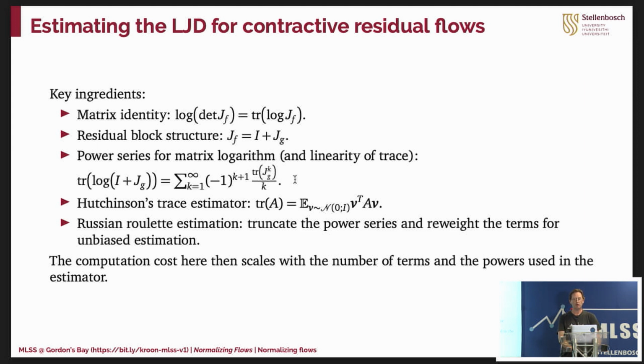And then what we also do is we share these computations by reusing these sample values for different terms in the sum. Okay, so that introduces some bias, and so by using the finite sum and this reuse, we get this bias, and then there's this adjustment called Russian roulette estimation, which allows us to reweight these terms and truncate the power series to get an unbiased estimate.